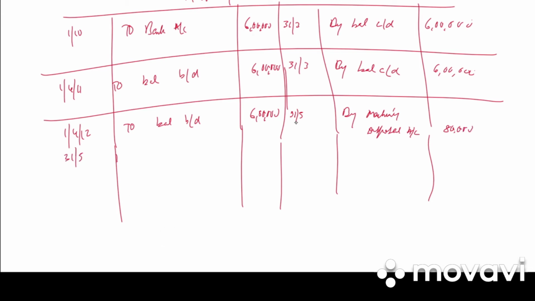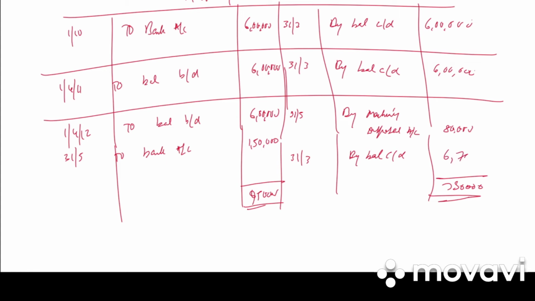On 31st May, to bank account, fresh machinery purchase 1,50,000. And on 31st March by balance carried down. What is the total? 7,50,000. 7,50,000. So it is 6,70,000. This is how you prepare the machinery account.